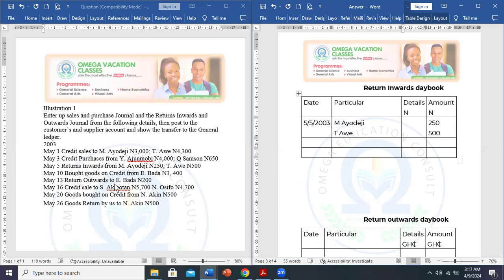The next one is bought goods on credit. That is May 10th. Bought goods on credit from Ibadan. So this one will go to, let me ask, bought goods on credit. This one will go to which one? Is it a sales journal, purchase journal, return invoice, or return outwards? Prof. Frank.